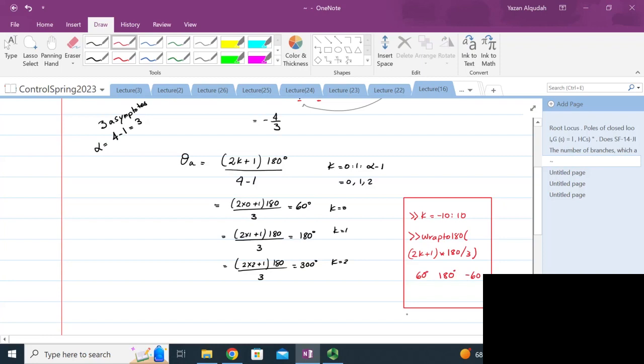I could have done it to any range, doesn't matter, even minus 1,000 to 1,000. I'm going to only get these three unique angles. -60 is the same as 300.